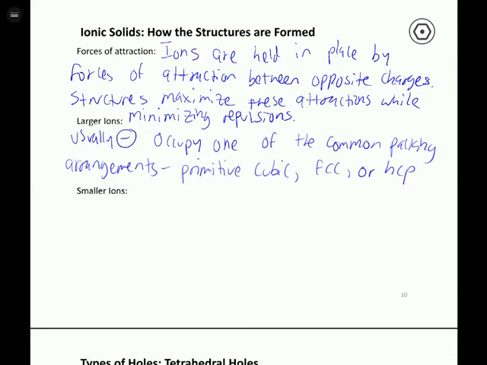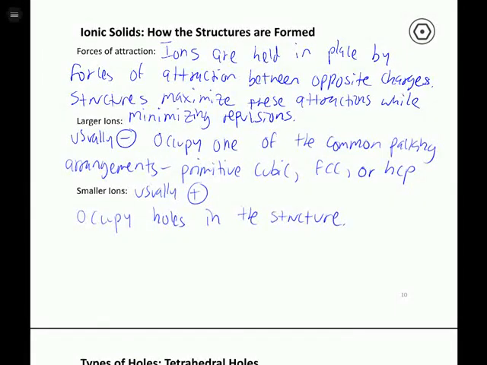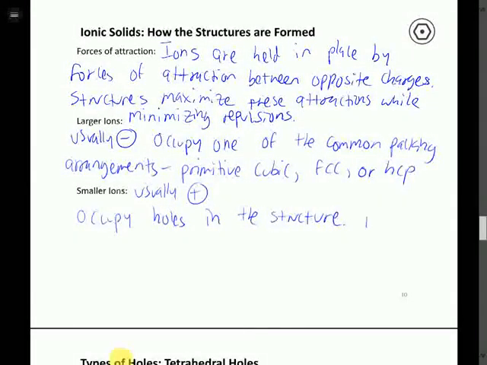And then the smaller ion, which is usually the positively charged ion, is going to occupy holes in the structure. None of these structures are 100% efficient at packing the spheres, so there are some gaps in there. And we're going to fill those gaps with the other ion, which is usually, in this case, the positive ion, the smaller of the two. Now, the structure that we observe and the holes that are filled depend on some factors that we'll get into.